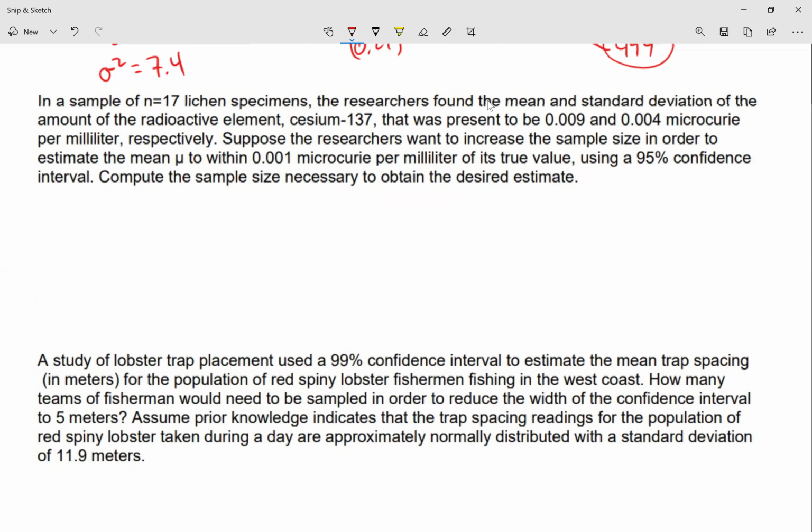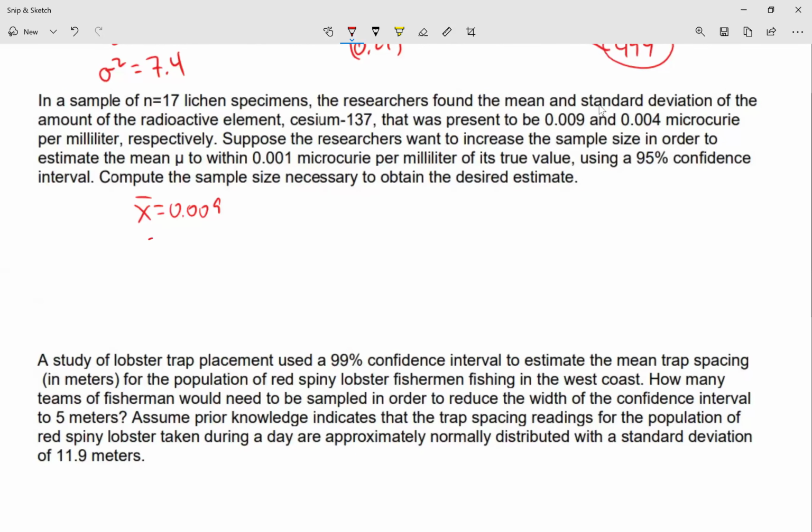Let me go back and read this. Researchers found that the mean and standard deviation. Okay, so I'm just gonna say the mean of my sample is 0.009.